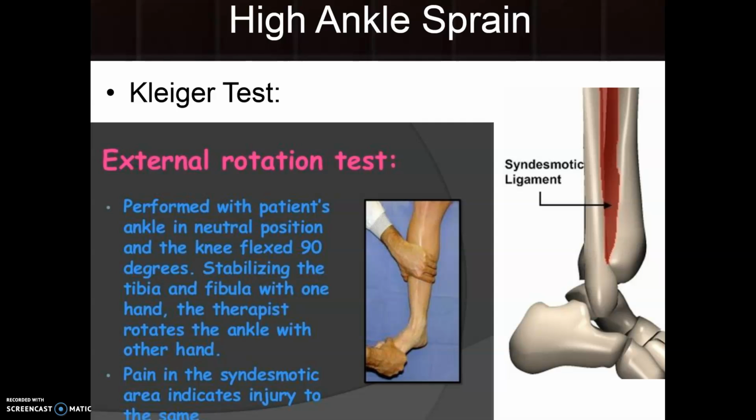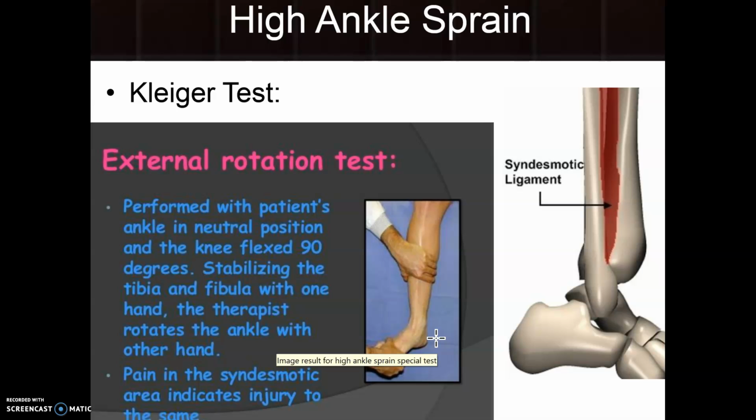Again, the illustration here shows the clinician's hands, one stabilizing the lower extremity, the other using the foot as a lever to put significant stress across the medial aspect where the tibia meets the talus, and that stress will be resisted by the deltoid ligament.